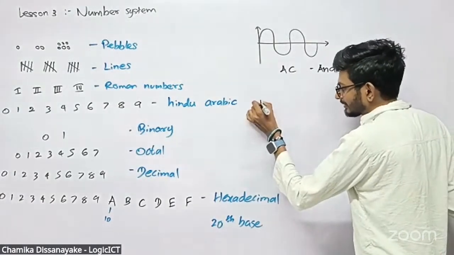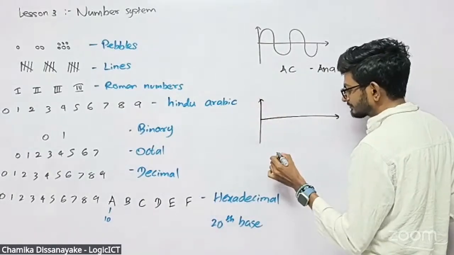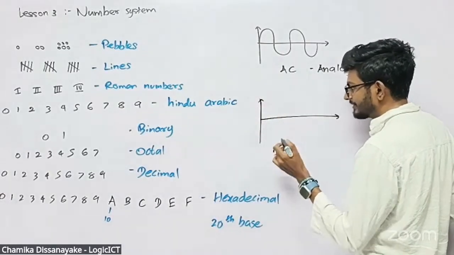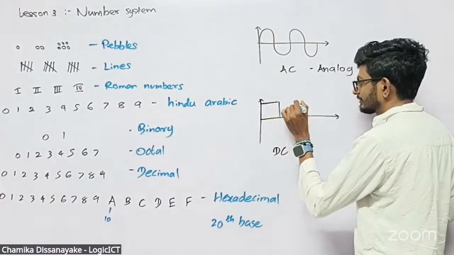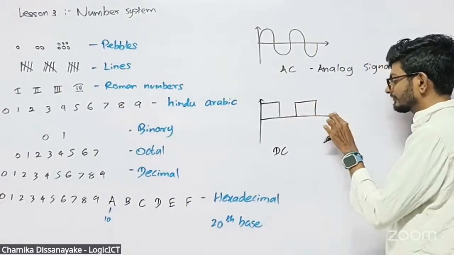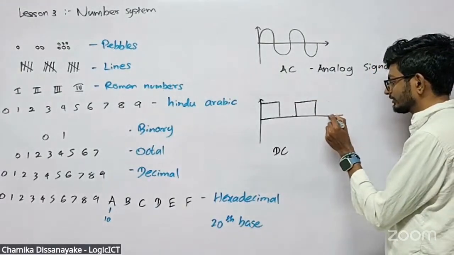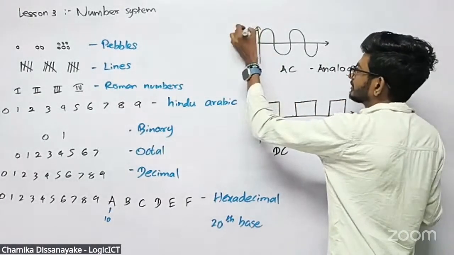The other current type is, guys, DC, direct current. It is like this. What is the difference between these two currents, guys? Here I will just write 12 volt.